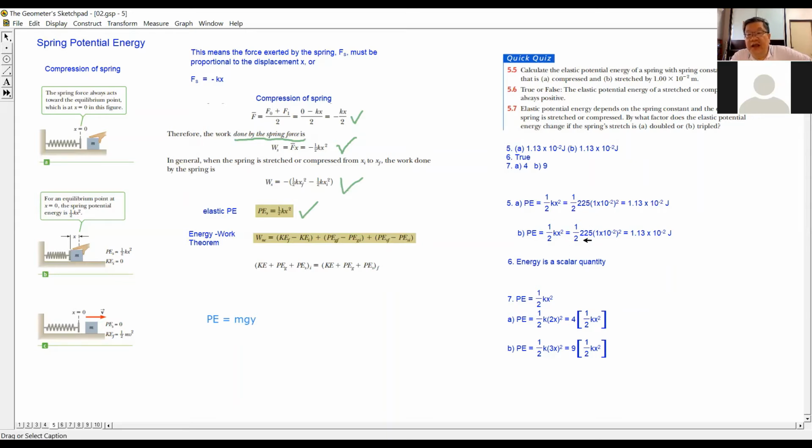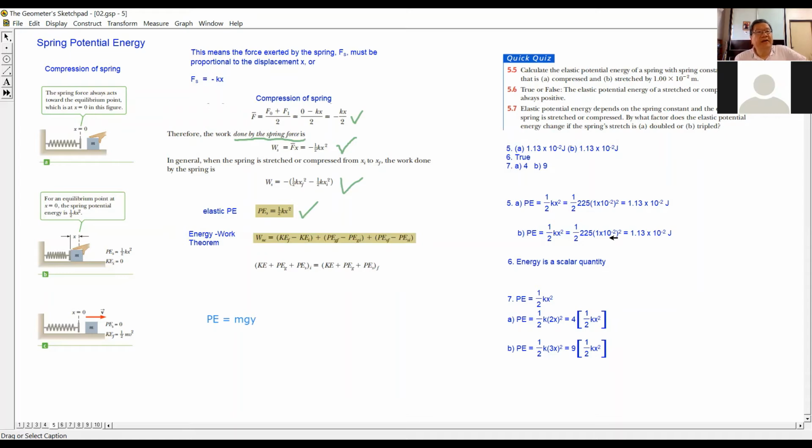So half k is 225, and the distance from the equilibrium position is also 10 to the power minus 2. But even if this displacement is a negative number, when you square it, it will become positive, right? So it doesn't matter whether you push it to the left or you pull it to the right.